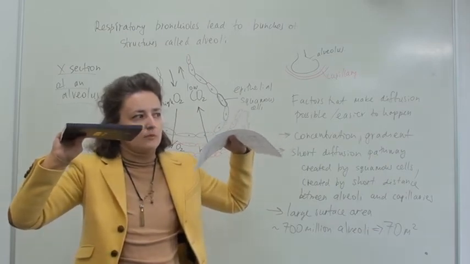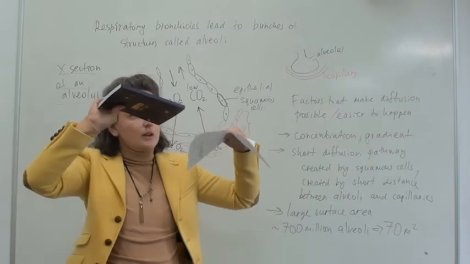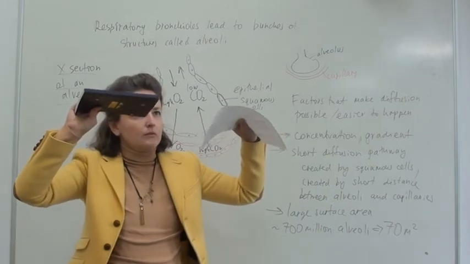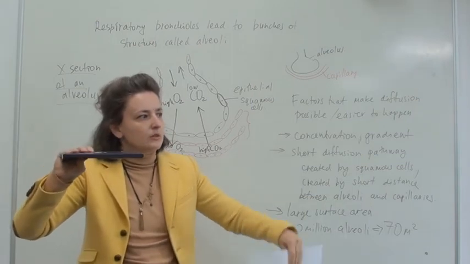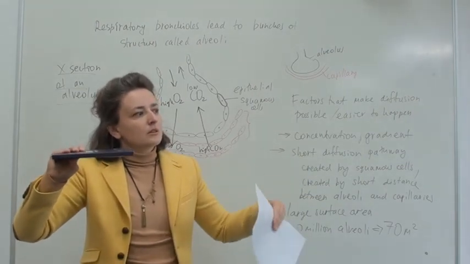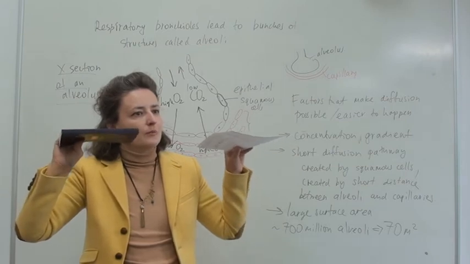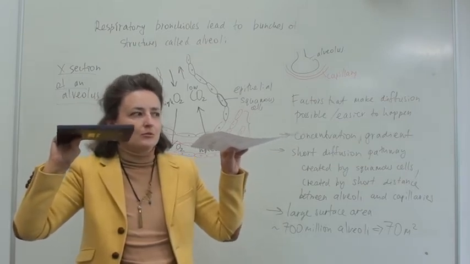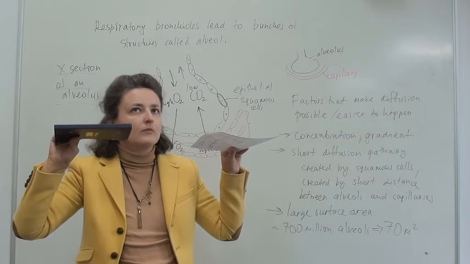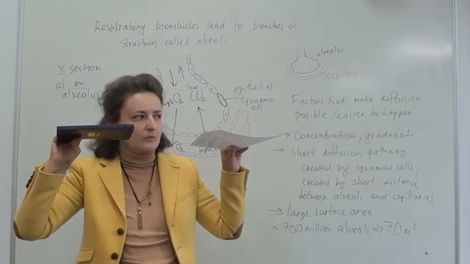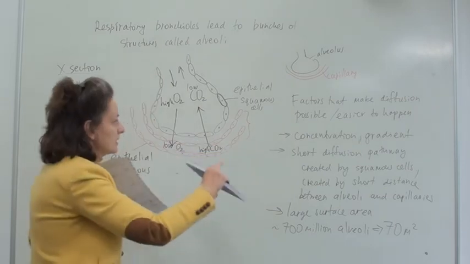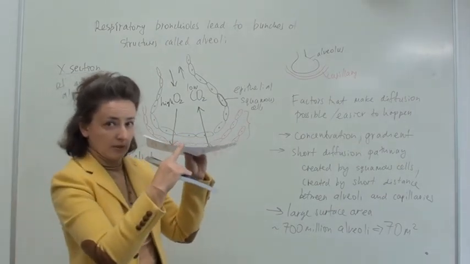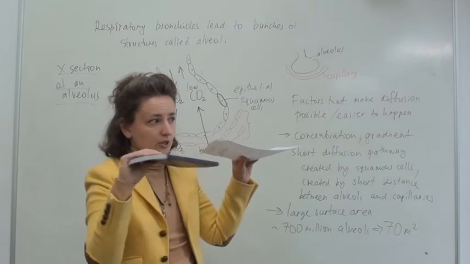If I have gases at the top, the alveolus at the top, and the capillary at the bottom of my pages, which has less distance to travel to get from the top of a page to the bottom? Because I have to get through the wall, right? These are the walls.